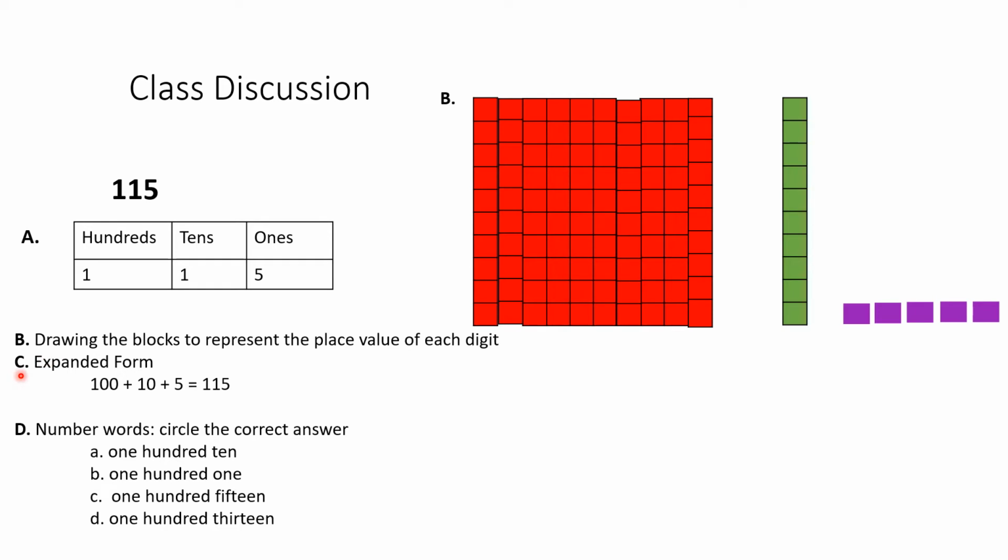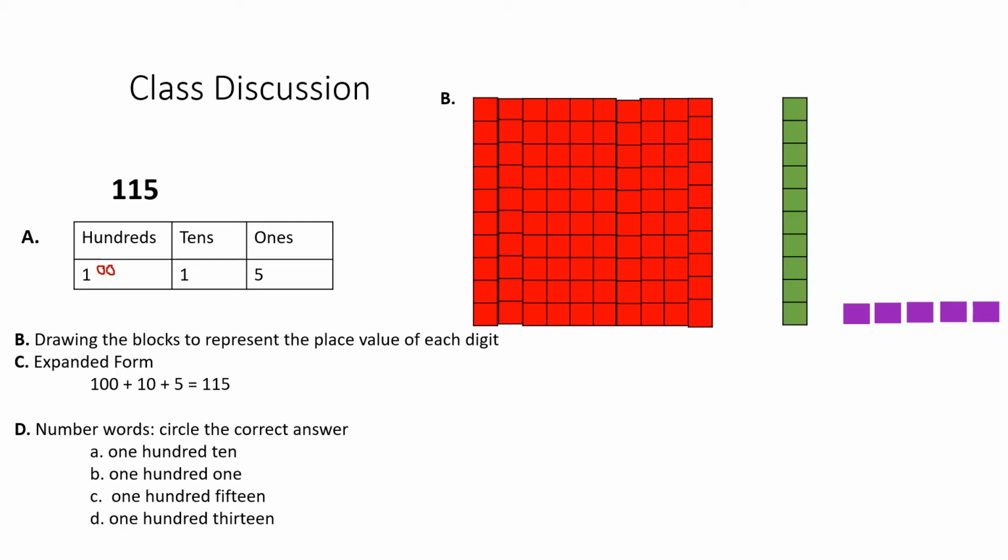In the C, you have expanded form, and in expanded form, it's basically the same numbers you see right here, and you're just going to write it down, but in a way that's a lot more wholesome. What I mean by that is, remember what I said, if you have a digit in the hundreds, all you have to do is add 2 zeros and you're good to go.